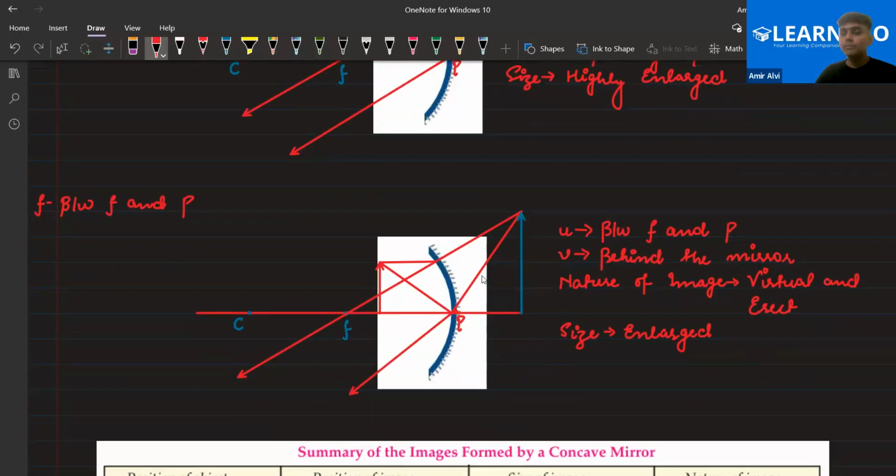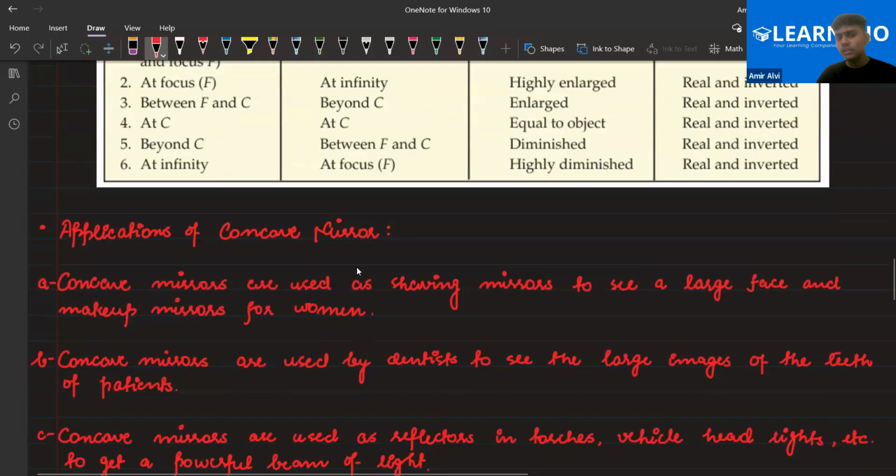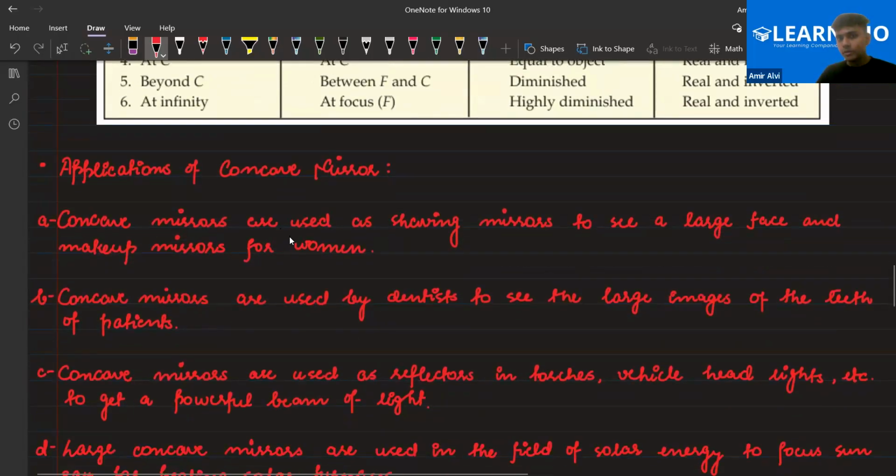This case is used when men use shaving mirrors and women use makeup mirrors. In an exam, the question could be what type of mirror is used in a makeup kit or shaving mirror. It would be concave. This is the summary of the cases we have done in the concave mirror, and these are its applications.